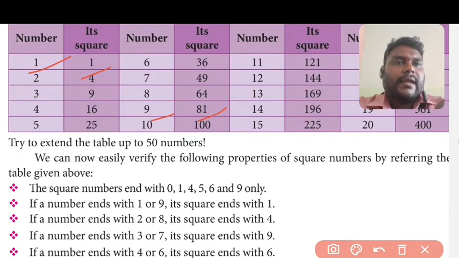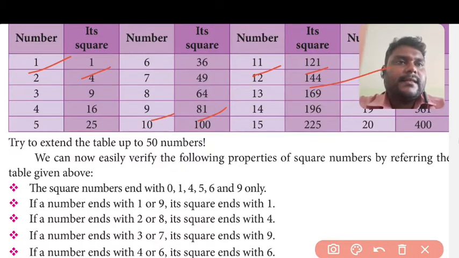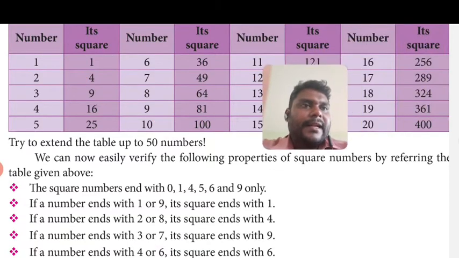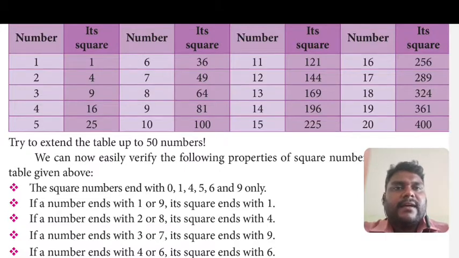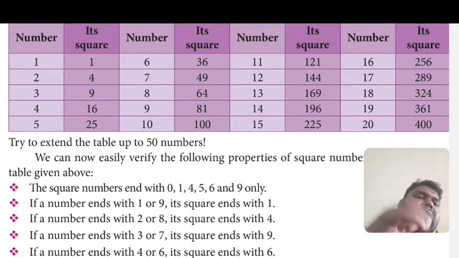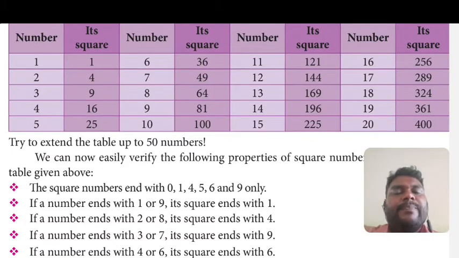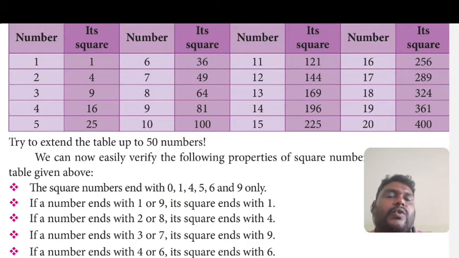Next, 11 square is 121 and 19 square is 361. So look at that number. If a number has its one digit as 1 or 9, the square number ends with 1.